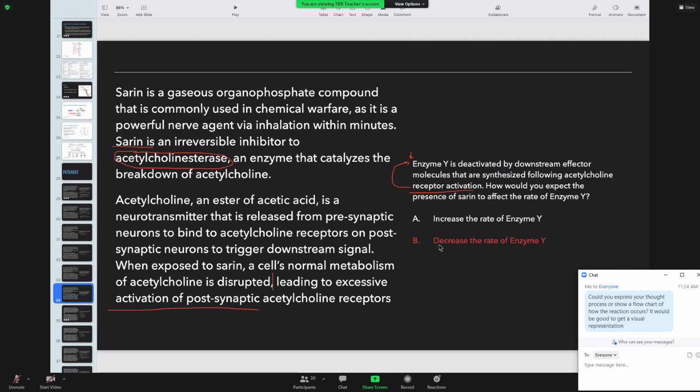Express your thought process to show a flow chart of how the reaction occurs. Yeah, so I draw a lot of pictures in my mind. That's how I work. So let's see.